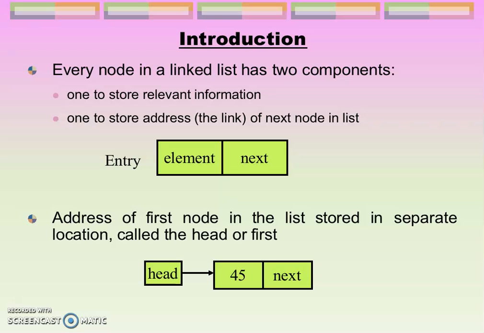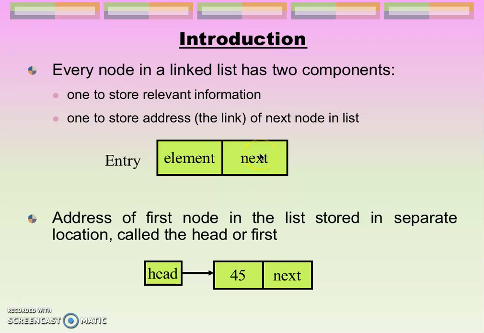Every node in a linked list has two components. Secara umumnya, our linked list has two components. One is, you can see here, the one to store the relevant information, means that our actual data.